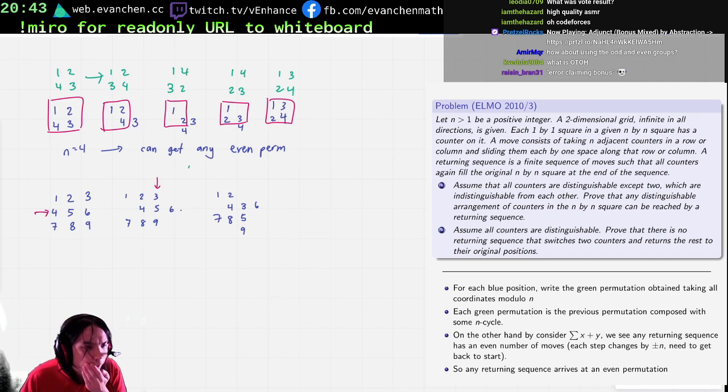Okay, and then I see what's... I think I kind of see what's going on. I think the base of the construction is that I can do any triangles.